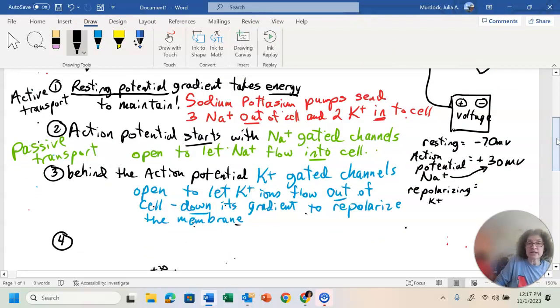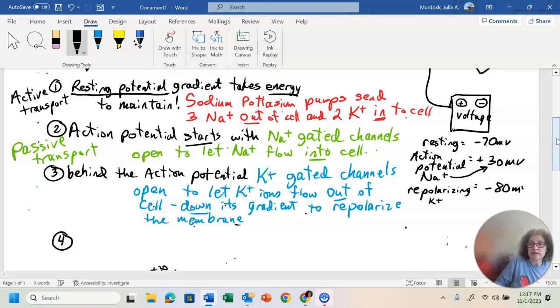It doesn't just go to negative 70, it actually goes all the way to negative 80 millivolts. So it takes it a little bit further past the threshold. And then you have a problem. You have a problem here because, yes, you've stopped the action potential behind it. You're resetting it back to where it was, but the ions are all in the wrong places. So the sodiums are now all inside and the potassiums are outside. We got to switch them back.